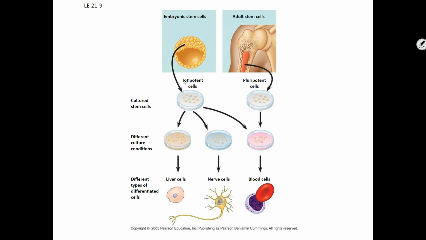Potent just means powerful. So think of it like becoming any kind of cell, whereas pluripotent is more along the lines of a cell in your bone marrow that can become any kind of blood cell, versus a totipotent cell that can become any kind of cell.